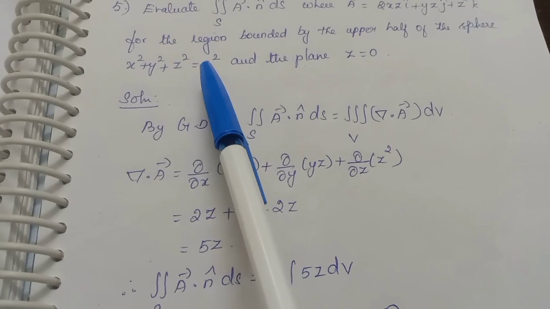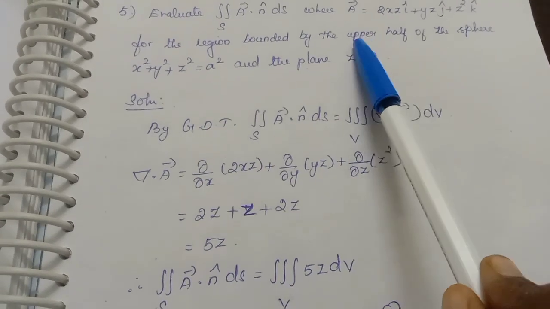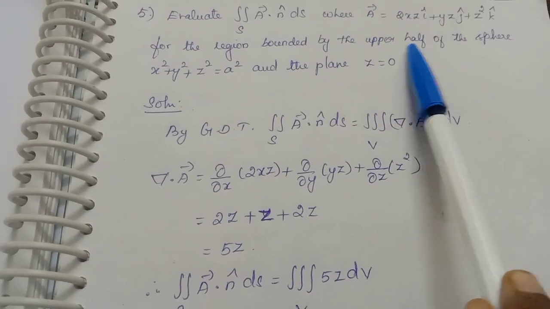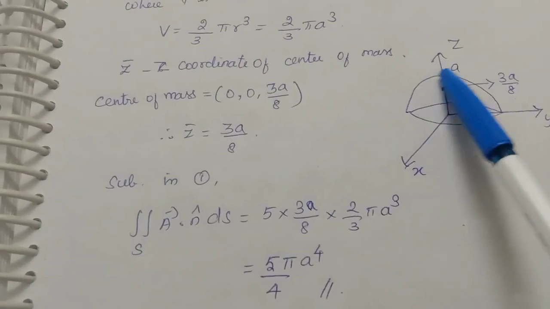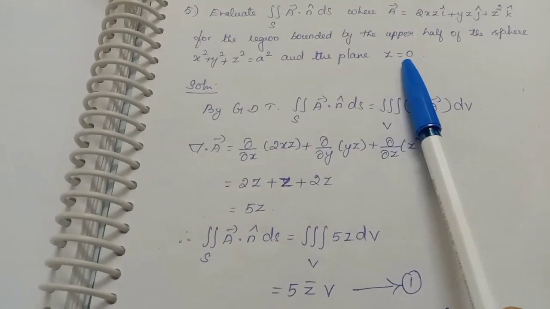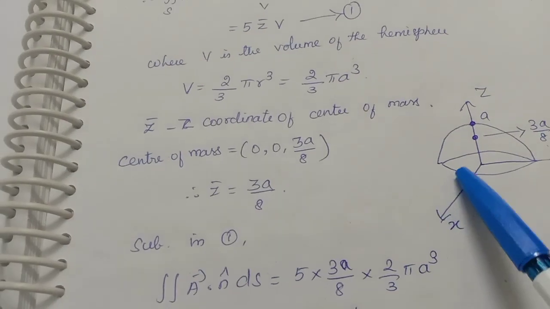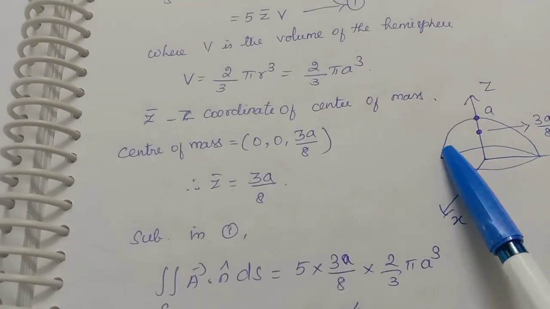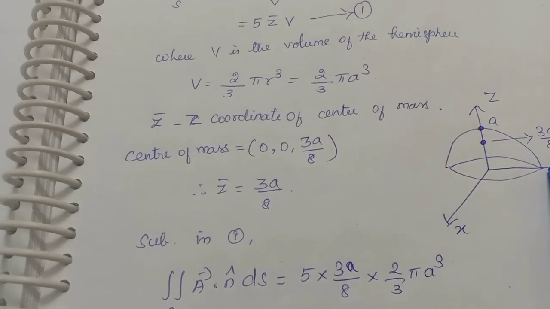But the whole sphere is not given here, only the upper half of the sphere. So this is the diagram. The sphere is bounded by one plane, z equal to 0, which is the xy plane. So the base is on the xy plane and the sphere will be lying like this.